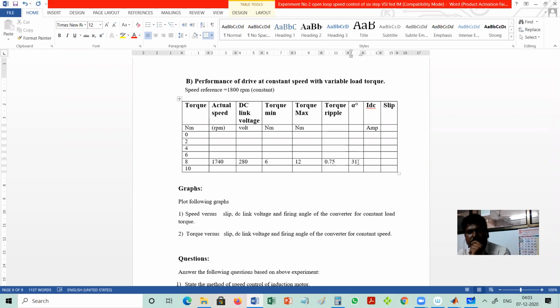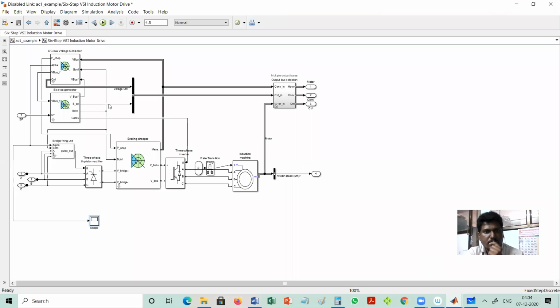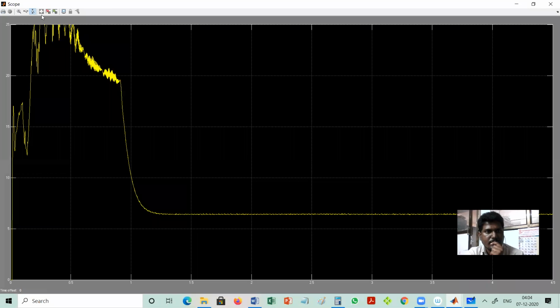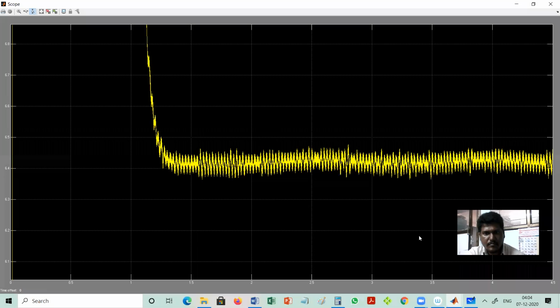Obviously the DC voltage is increased to 280, so the firing angle is decreased. Then IDC, for that we have to go inside the braking chopper block. IDC is here. It is around 6.4 ampere.